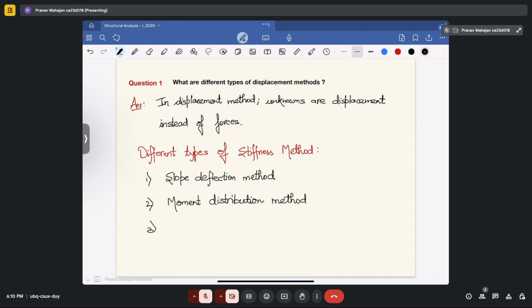The third method, which comes under the displacement method, is Kani's method. The fourth method is the stiffness matrix method.